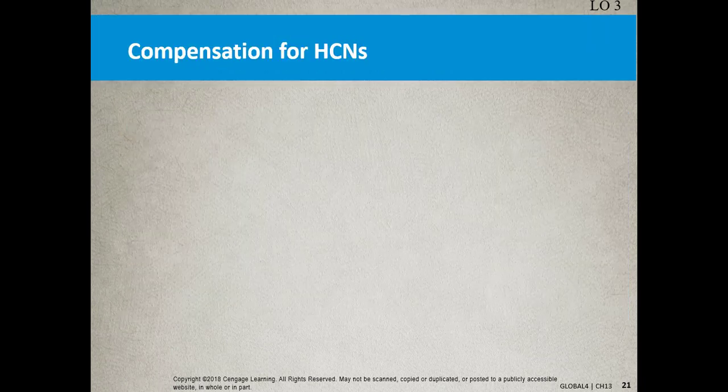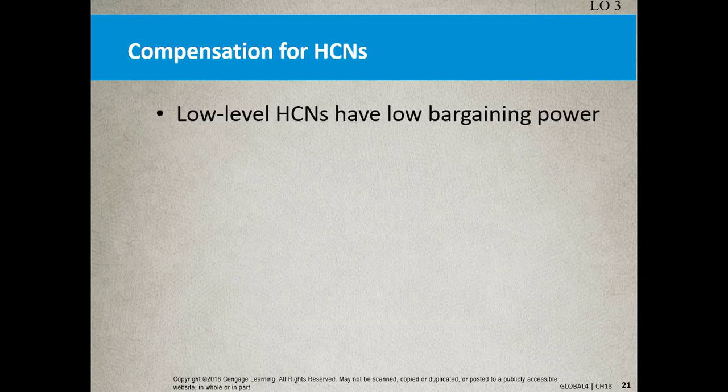So looking at compensation for host country nationals, again, using the Spain example, this is for the manager in Barcelona, let's say. Low-level HCNs have low bargaining power. Does that make sense? This is a person who's from Spain, who's in Barcelona, and there's really not a lot they can do about the cost of their assignment, since the company is having their division there.